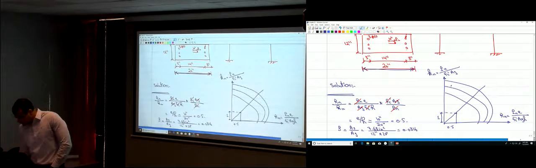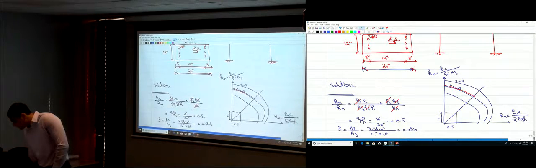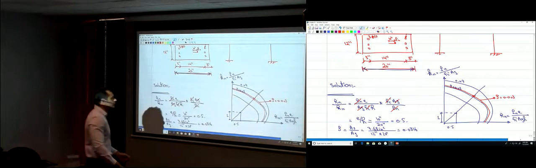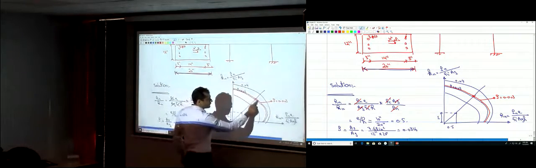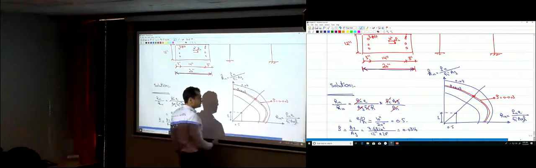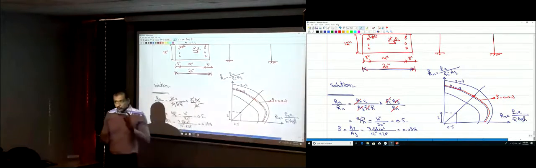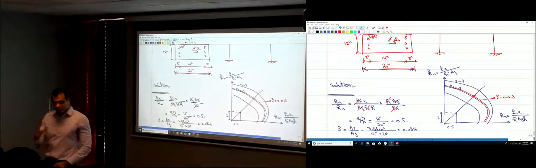So if this is rho 0.03, here 0.04, the curve that I'm looking for by interpolation is somewhere over here. So for this curve, rho is 0.03. This is your interaction diagram for the given rho, and the intersection is the point where you have an eccentricity of 10 inches.